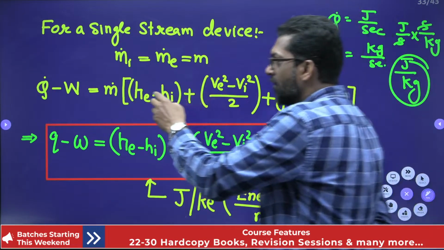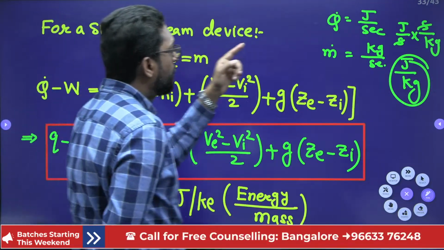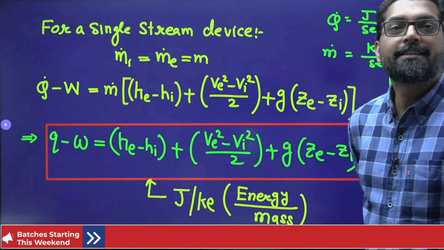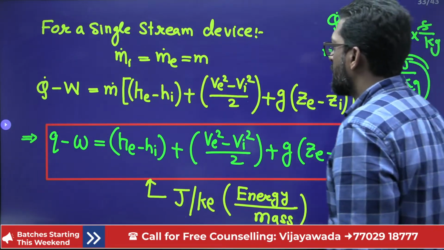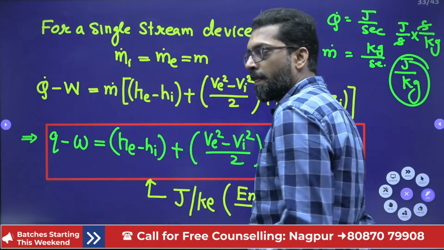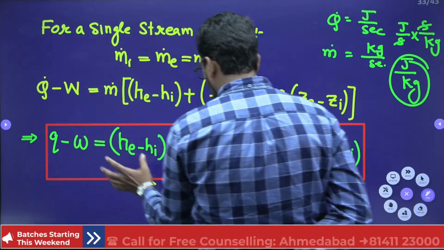And the earlier equation is your energy per unit time basis, while this one is your energy per unit mass.